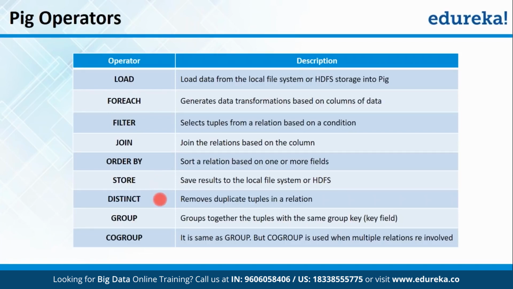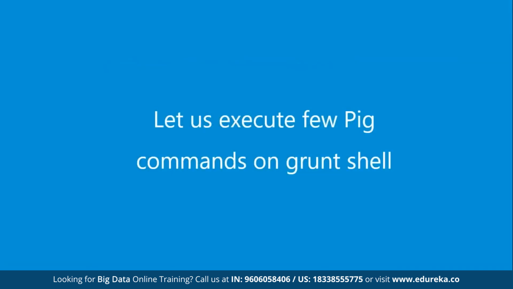Distinct is nothing but to remove the duplicates from the set of rows. Group is to group the data on the basis of a particular field. Co-group is nothing but a join operation between two relations followed by a group operation based on a field, right? So this is what Twitter used, which we saw in the example before. So let's move on to the next slide, and it's time for some practicals.